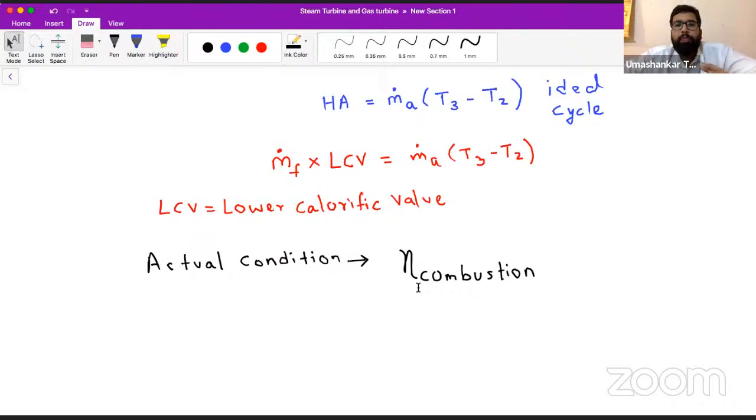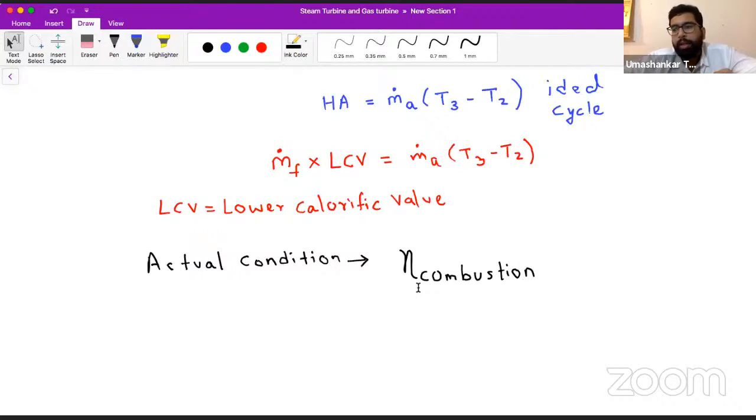What do we mean by this combustion efficiency? If the combustion efficiency is 90%, that means 10% of the heat energy released by the burning of this fuel is wasted.